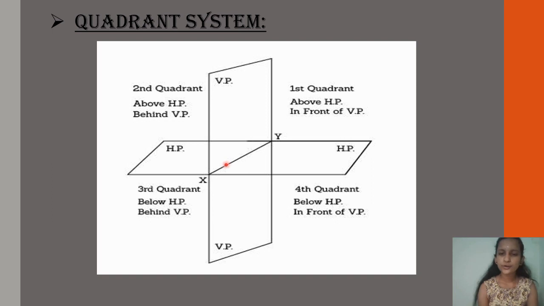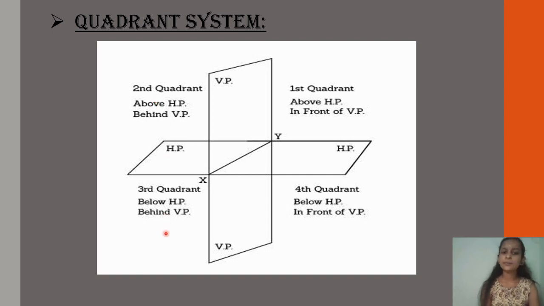When it comes to the projection of points, we have to assume one reference line and name it xy. It has two planes, one is the horizontal plane and the other is the vertical plane. If the given question contains a point that lies above the horizontal plane and in front of the vertical plane, then it lies in the first quadrant. If the question contains above the horizontal plane and behind the vertical plane, then the object lies in the second quadrant.